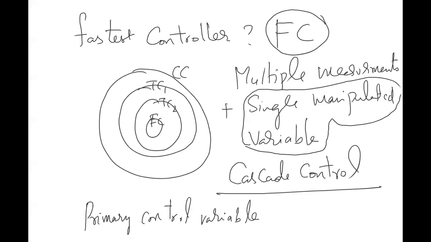How many values are you controlling? You are controlling the concentration, the temperature of the CSTR, and the temperature of the cooling water. So concentration is your primary control variable.